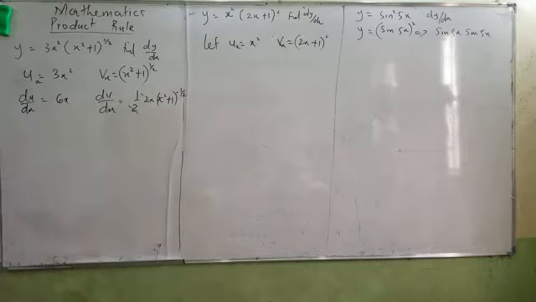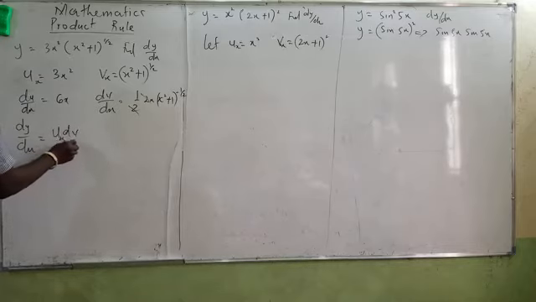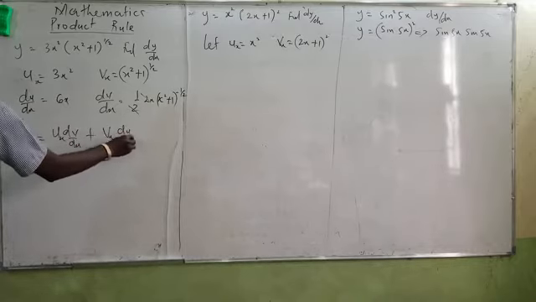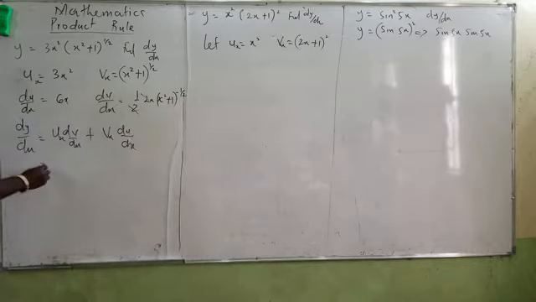Now, which I can now say that my dy/dx will be equals to u dv/dx plus v du/dx. Now, which I will be talking about. What is my u? My u is 3x squared.